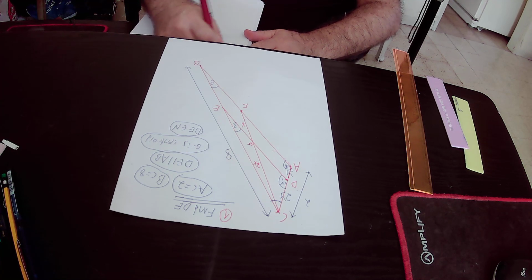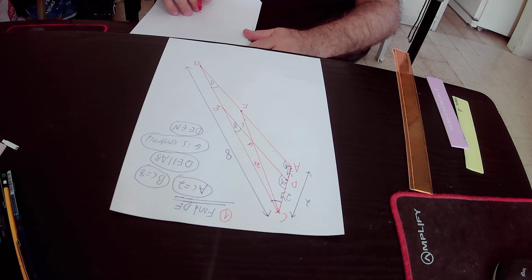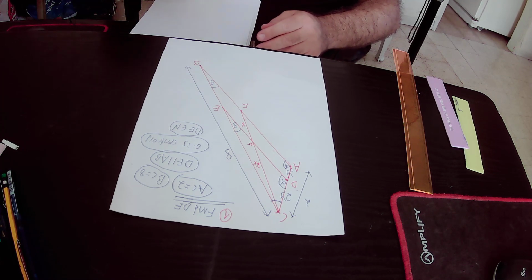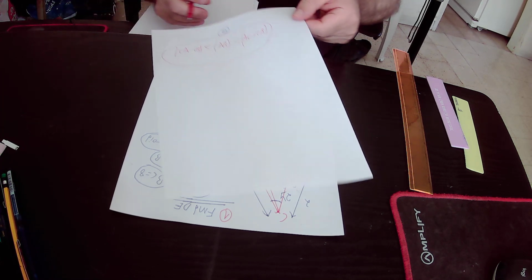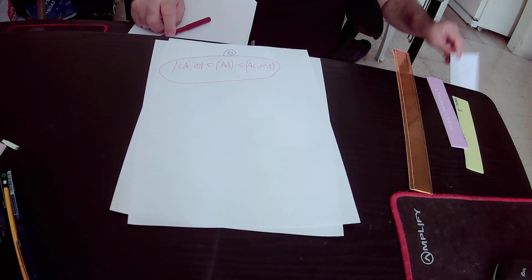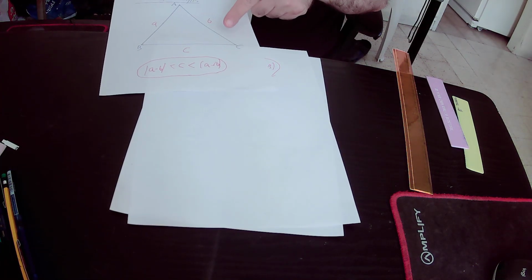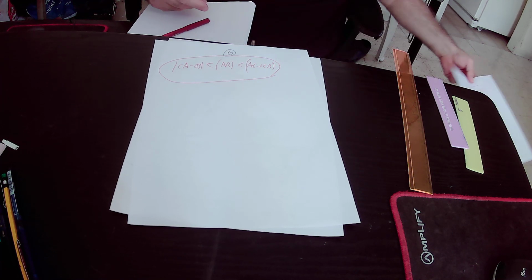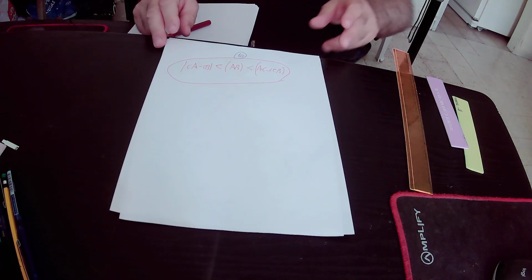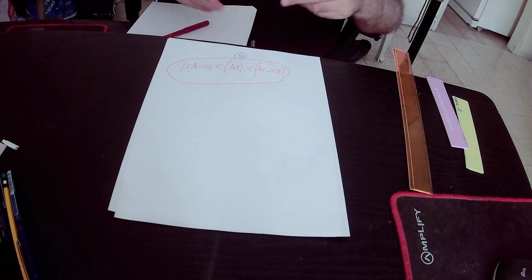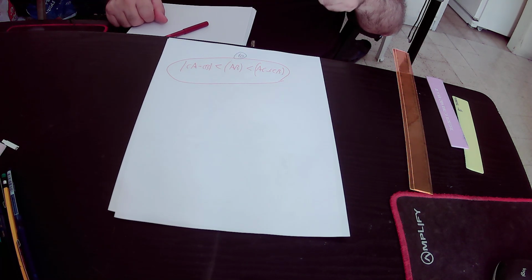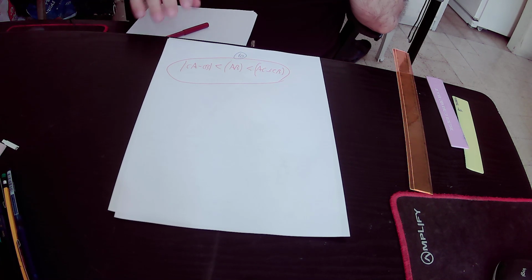So this expression is the implementation of this rule in our drawing. That is to say, the size of AB is smaller than AC plus CB, and it is greater than the absolute value of CA minus CB. Okay?